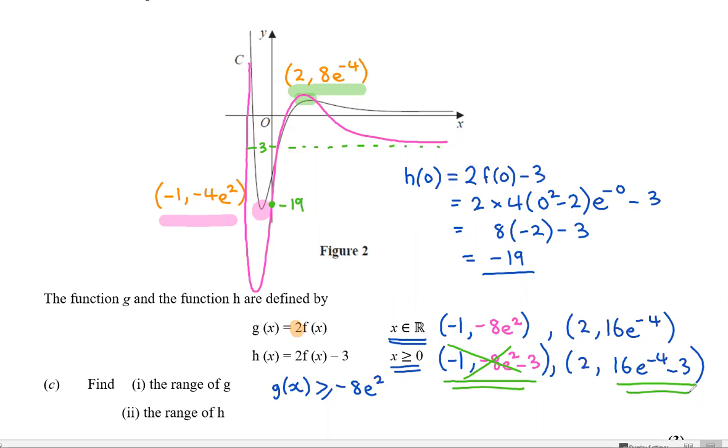So for the range of h, it's going to be as follows. h of x is now bound between a maximum upper limit of 16e to the negative 4 subtract 3, which is a positive value. But it's also bound because of the domain at negative 19. Okay, so that's a tough question. I know it's only 3 marks and I've kind of labored it, but I just wanted you to understand where these numbers have come from.